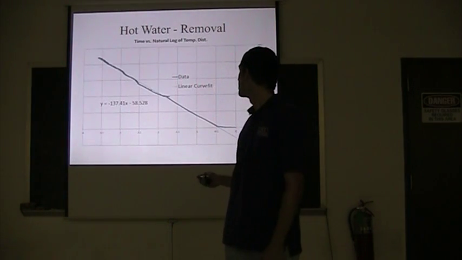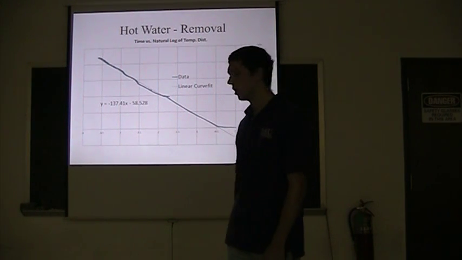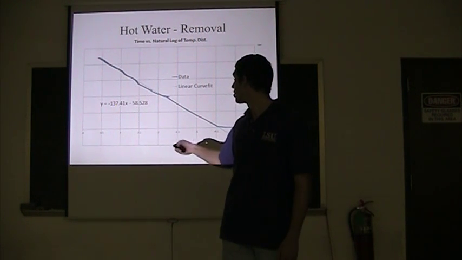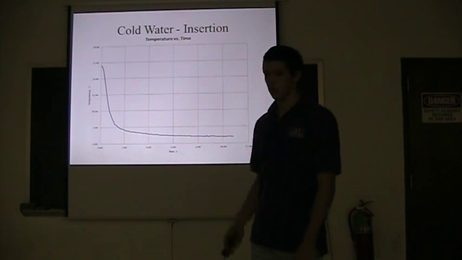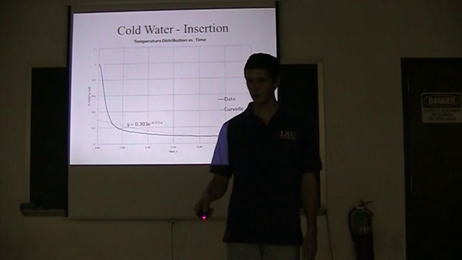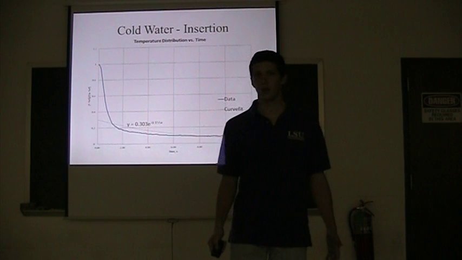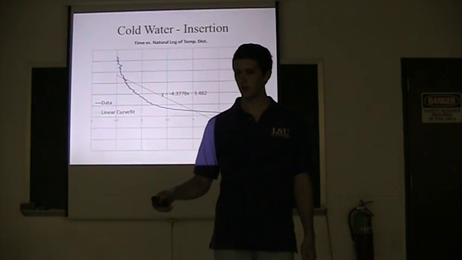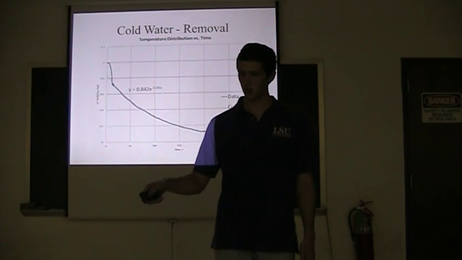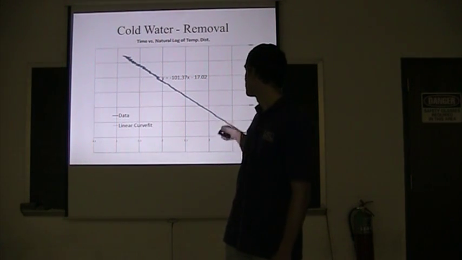Hurrying along, again, we have a nicer linear fit to the graph, and that's where we get the tau from. And like I said, I'll just show that everything in the cold water corroborates this. Again, the approximation for the insertion is not as good, but the removal tends to be a lot better. And again, that's where we get our tau from.